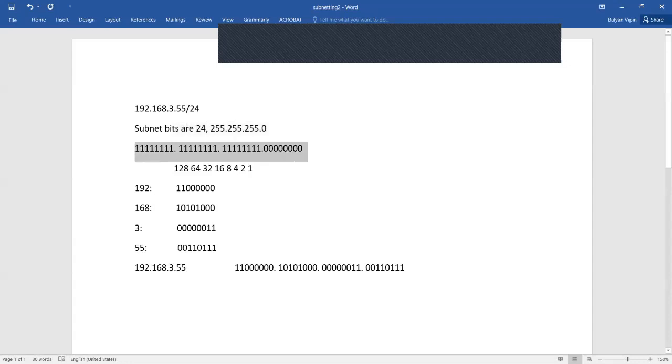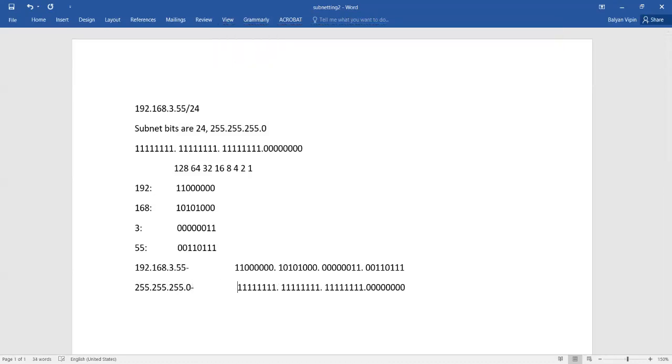So in order to find the network ID of 192.168.3.55 for the subnet mask of 255.255.255.0, which is this, we need to do a logical AND of these two numbers in binary. What is logical AND?